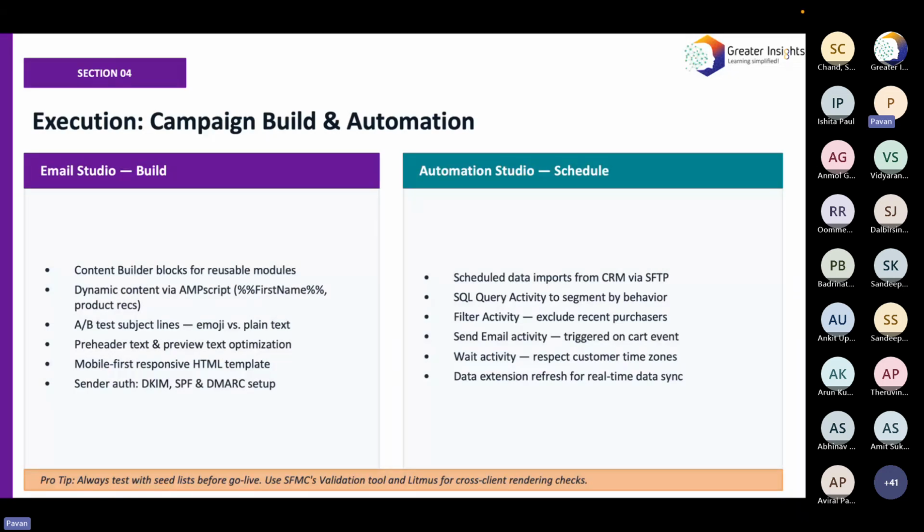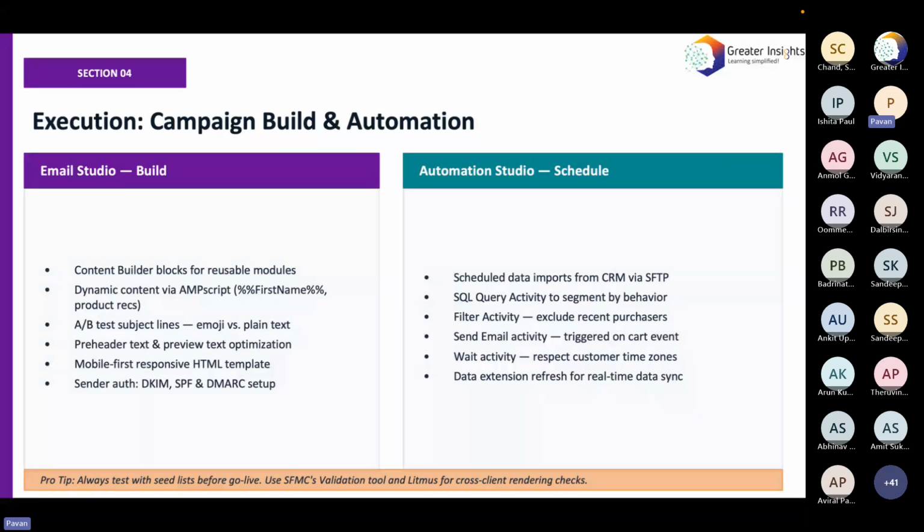This is how you give the variable name. Now what is first name, which is in camel case? It means this is a variable in your table, in your data extension, and you're calling that here. That is how it prints in the final output, hi Pavan, right?